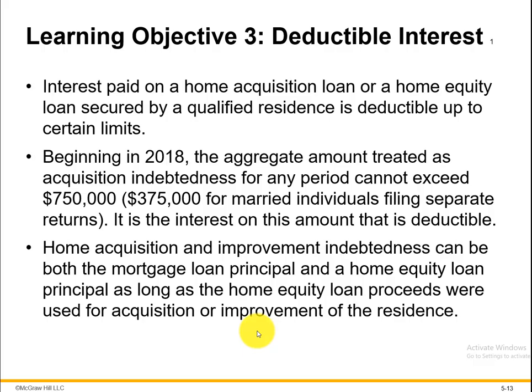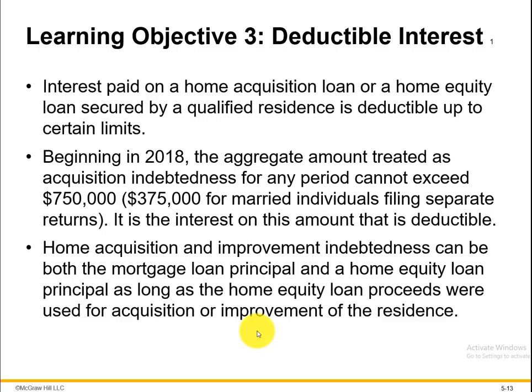All right, the last section in this video from the Schedule A is interest. So, interest paid on a home loan. It could be the loan you took out to buy the house.